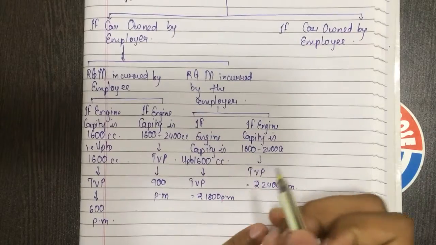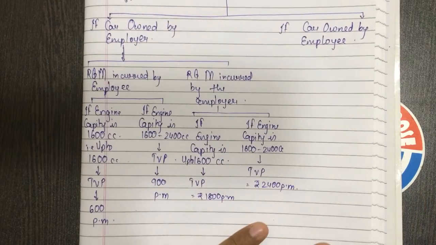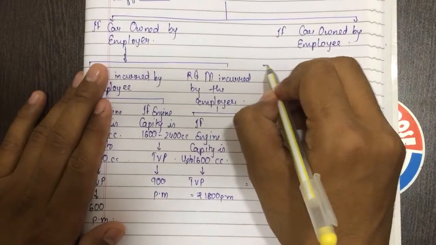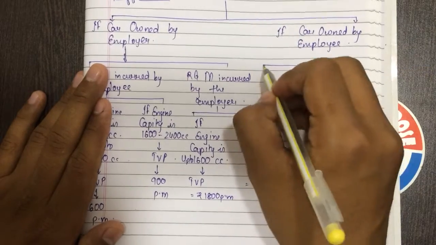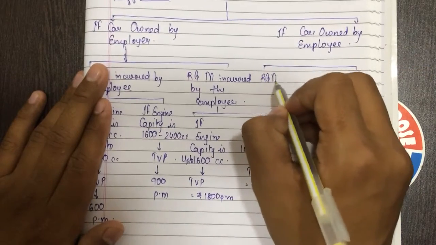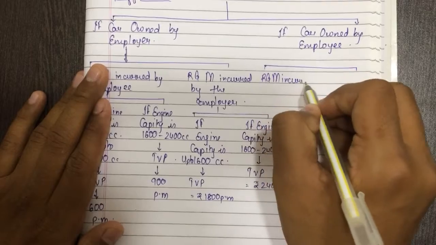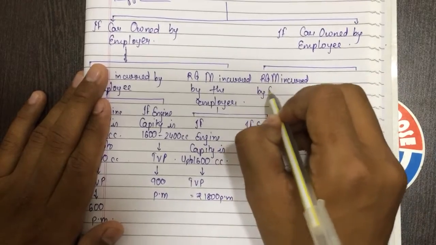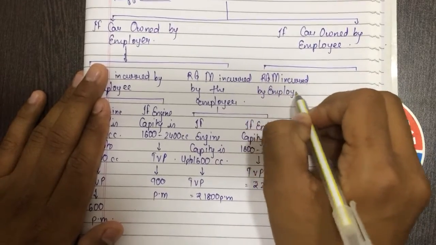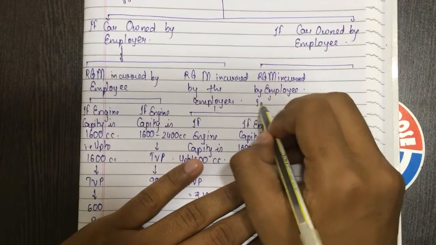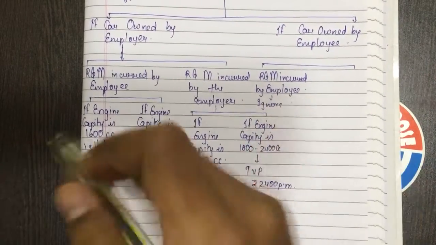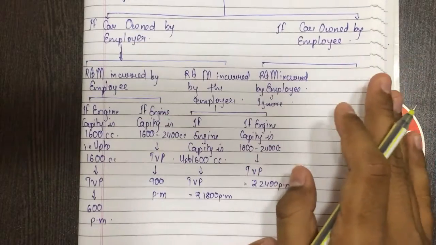Now, car owned by the employee. If car is owned by the employee, again two cases: repairs and maintenance incurred by the employee only. If the car is owned by him and repairs and maintenance are also borne by him, then simply ignore it. It has no effect.